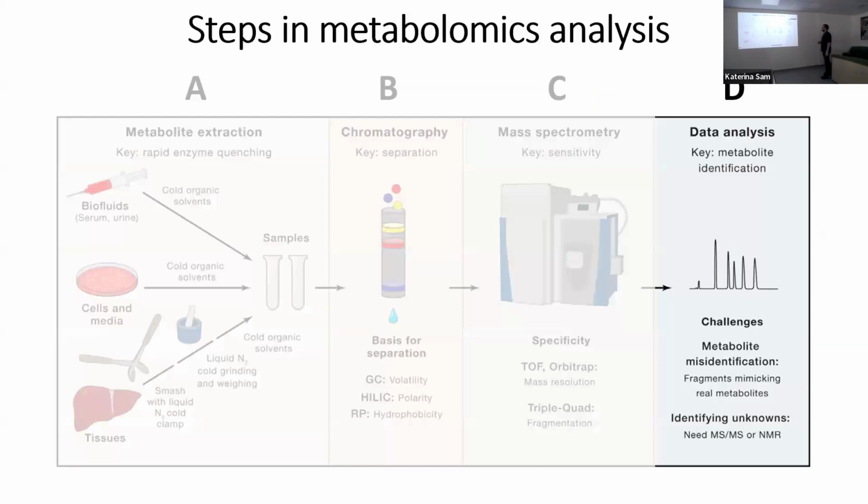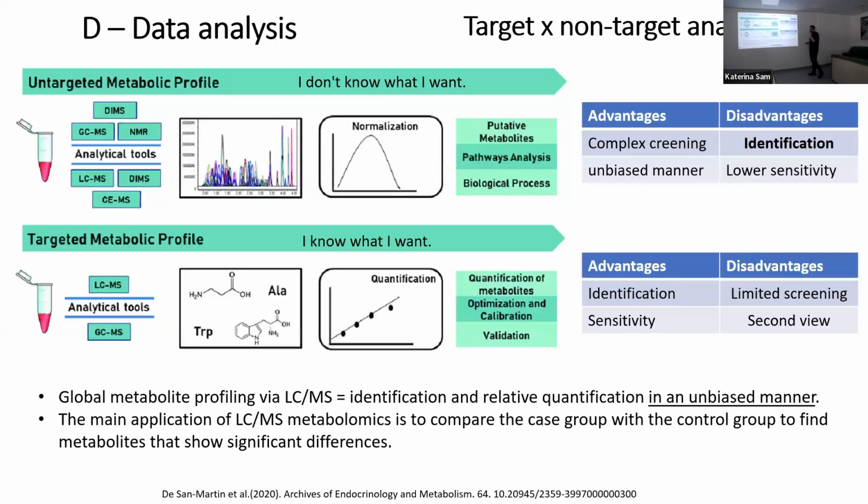The last part is the data analysis, and here we separate target and non-target analysis. During non-target analysis I measure everything, and during data evaluation I find the interesting metabolites, typically after statistical evaluation and so on.